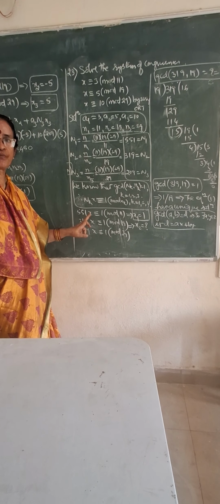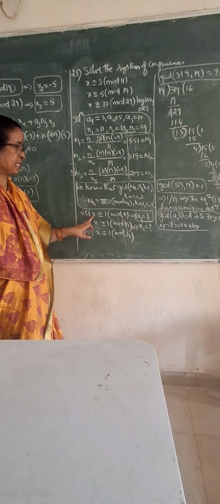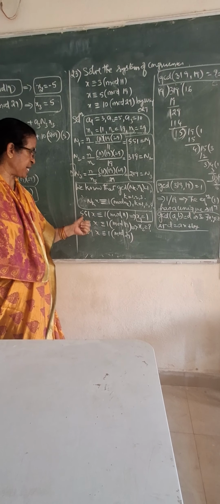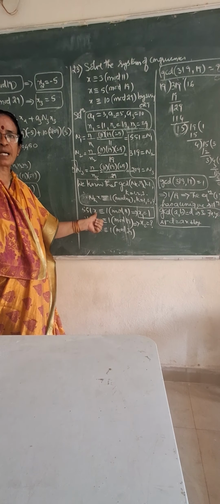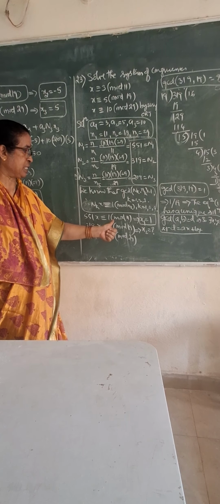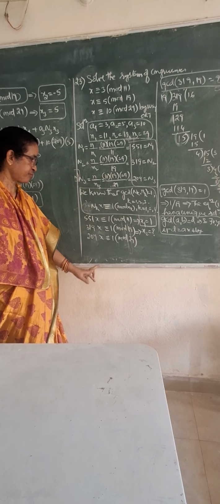So we are going to find out the solutions x1, x2 and x3. Clearly x1 becomes 1 because 551 into 1 equal to 551. 551 minus 1 becomes 550, that is divisible by 11. Therefore x1 is equal to 1.